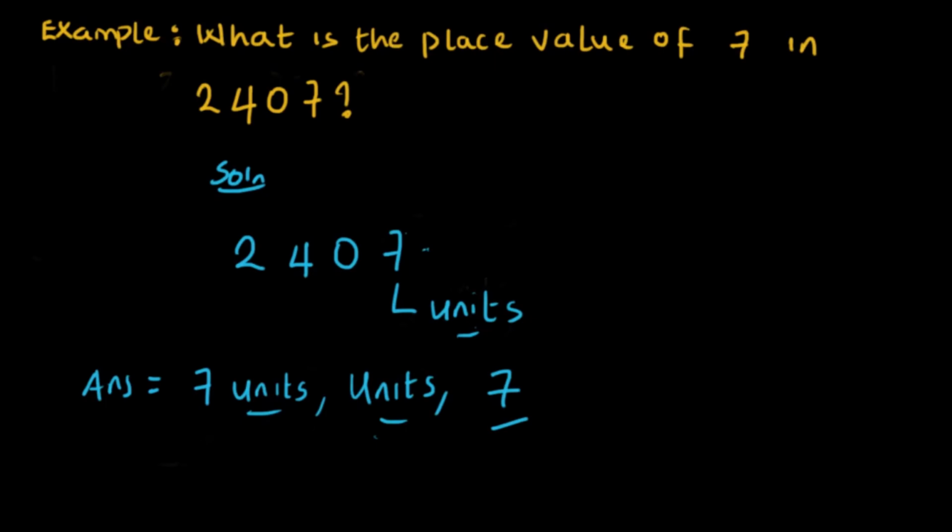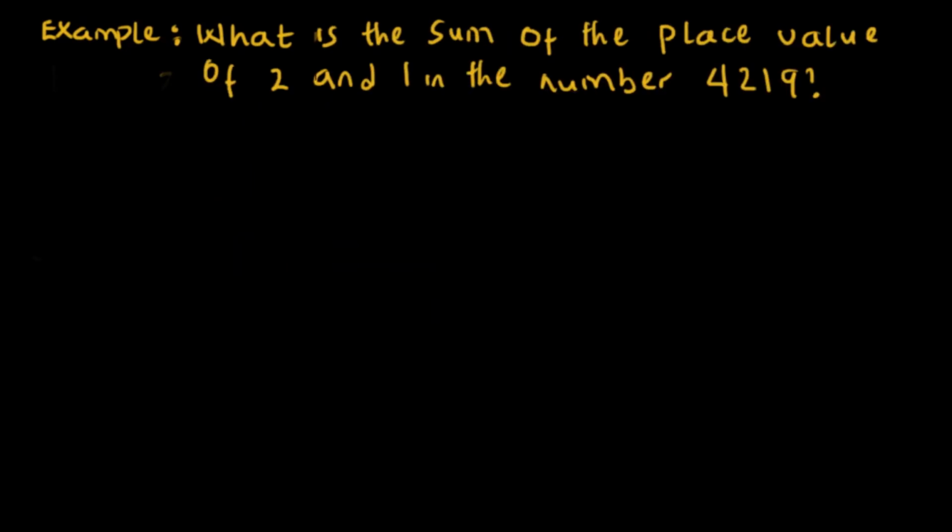Now another question you could be asked is this. Let's take one more. Now this question says, what is the sum of the place value of 2 and 1 in the number 4219? Let me note that this is a National Common Entrance Exam question. So let's solve this. Now remember, we have 4,219.